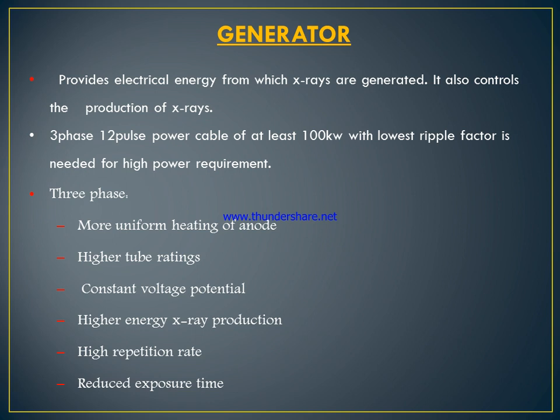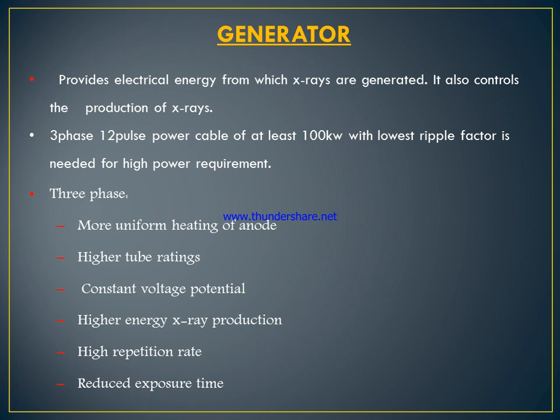After room layout, we use a generator for supply of electrical energy to the X-ray tube. After supply of electrical energy, the X-ray tube produces X-rays. For angiography, we use a 3-phase 12 pulse generator which has at least 100 kVp with lowest ripple factor for the high power requirement of the X-ray tube.